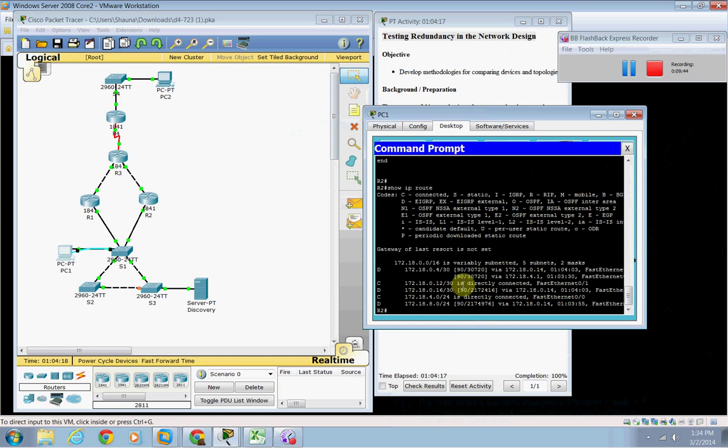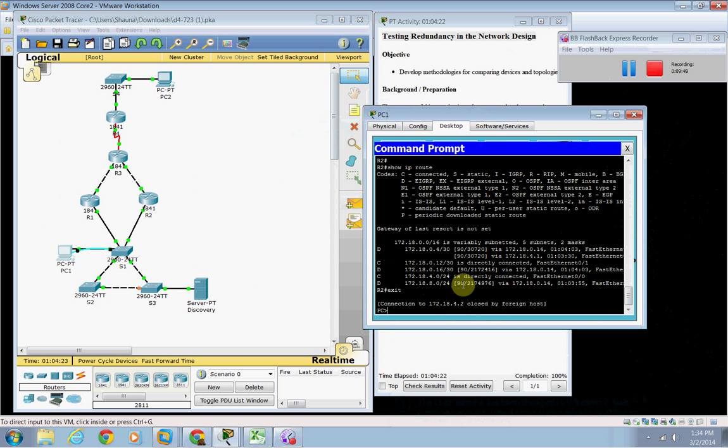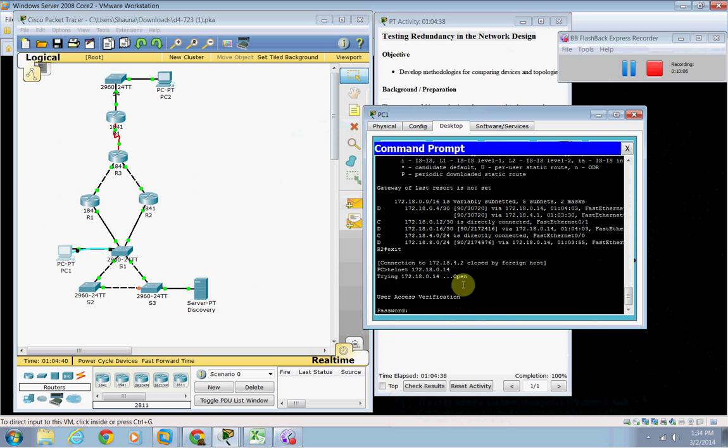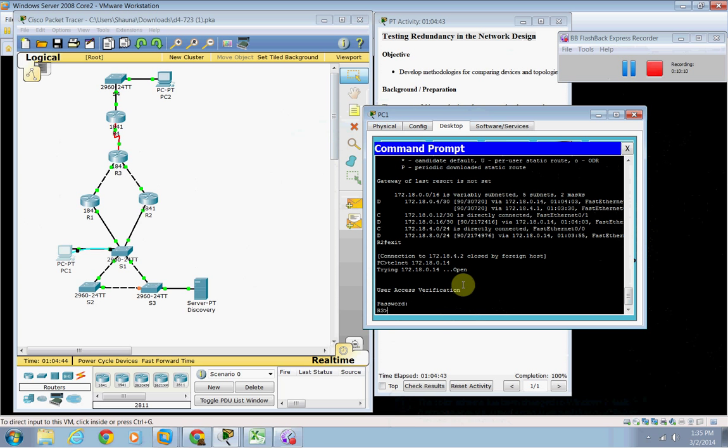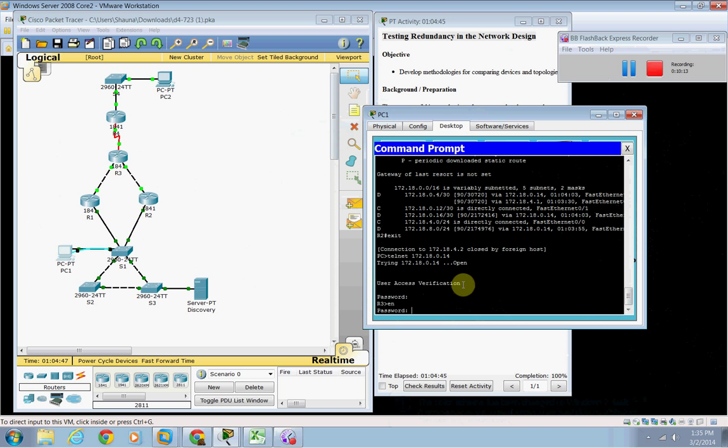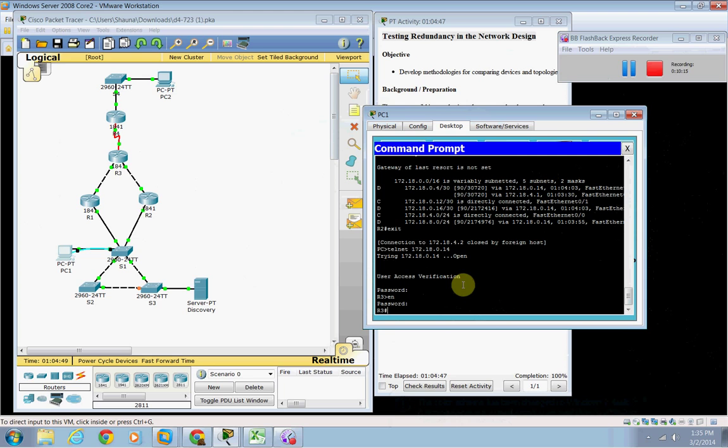That was router 2. So we're going to exit that and telnet into router 3, which is 172.18.0.14. Let's go en, class, show run.